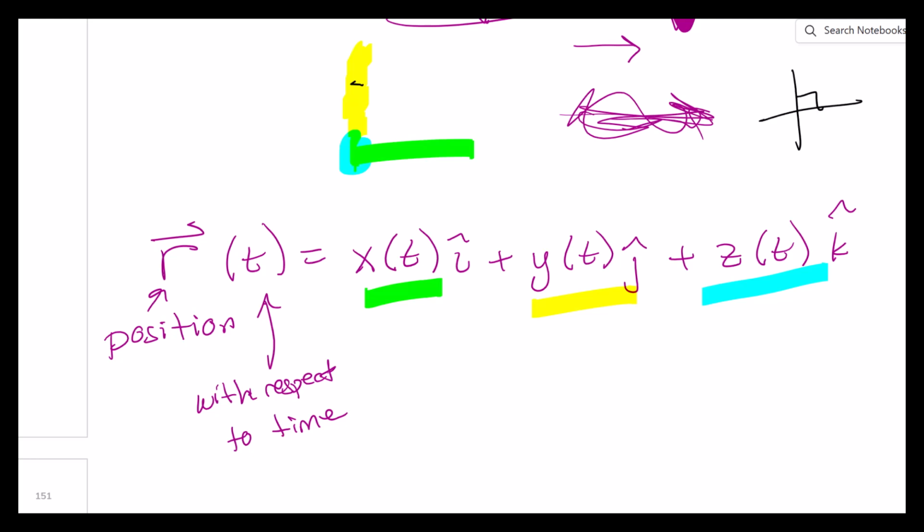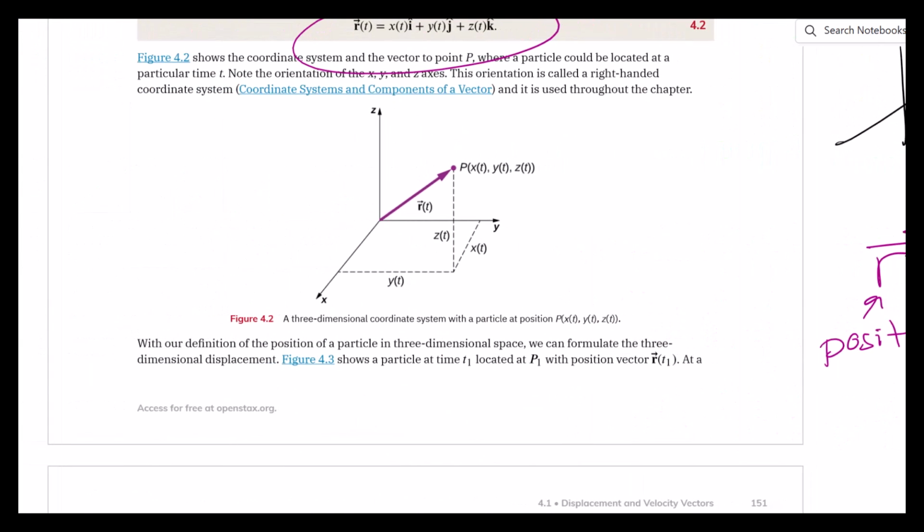If they weren't, and yes, you can have wonky, cattywampus coordinate systems, which are super fun and delightful to use, but because this is physics 1 and we're slow rolling into this, everything's orthogonal, everything's at 90 degrees, everything's amazing. I swear it is. So that's what we got going on.